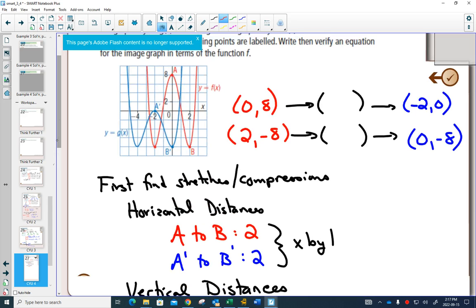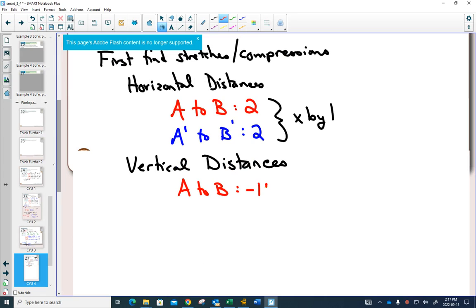I've gone down 16, so I'm going to show that with negative 16.